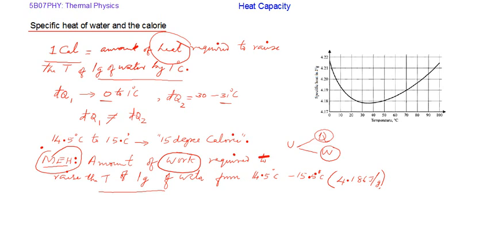So later they accepted the fact that the mechanical equivalent of heat is really equal to the numerical value of calorie, and further it was understood that this mechanical equivalent of heat is equal to the specific heat of water if you take joule as the unit of heat. So finally this is the conclusion that we arrive at.